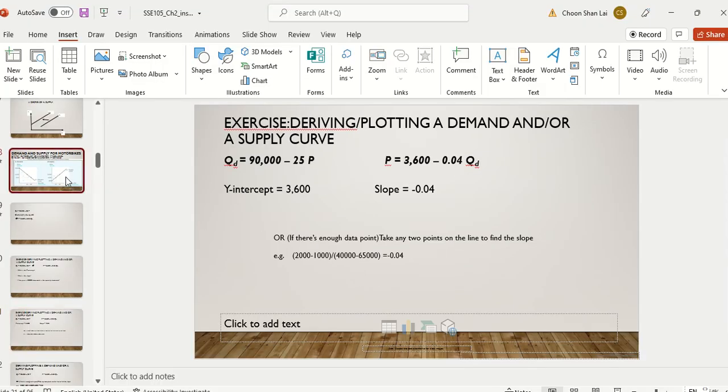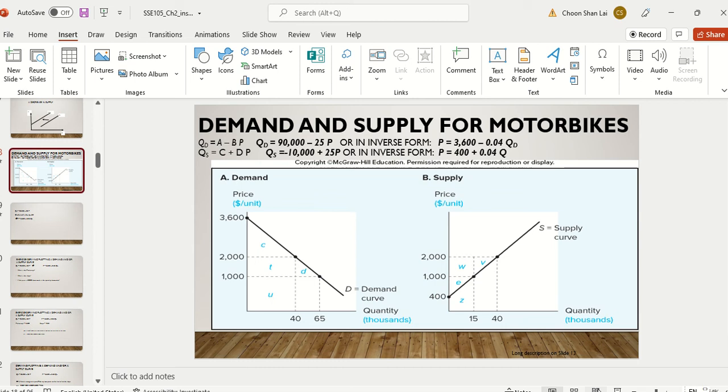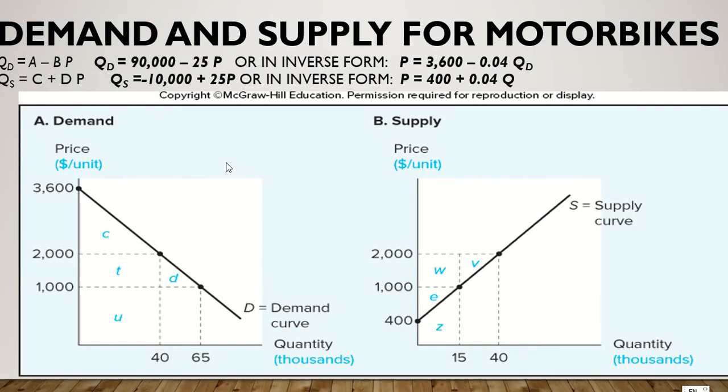So take a look at the curve. This is what we mean, the vertical distance. So when you get the slope, you take the vertical distance divided by the horizontal distance of any 2 points on the line. So here in this case, let's say we pick these 2 points.